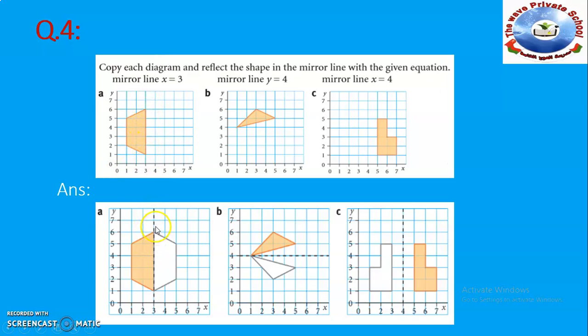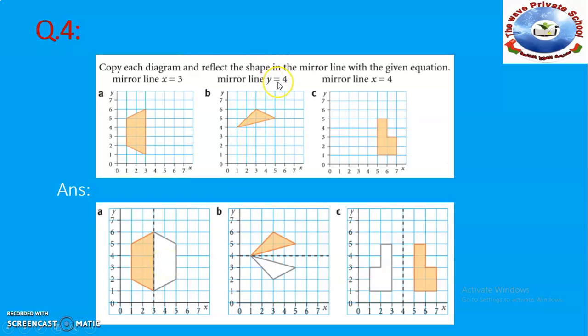This is called the mirror line, and you have to draw the image same like the object. So just start your arrow from here and end it here 2 blocks away. When you join these arrows you can get the reflection of this shape.